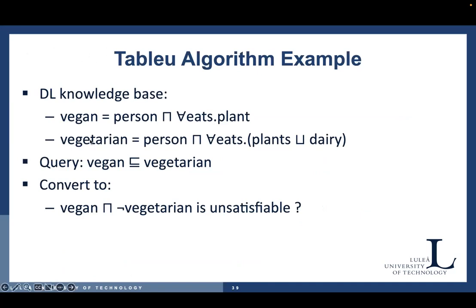So we have this knowledge base defining a vegan and a vegetarian. A vegan is a person, of all people, that eats plants. And the vegetarian is an extended thing that says it also eats dairy.